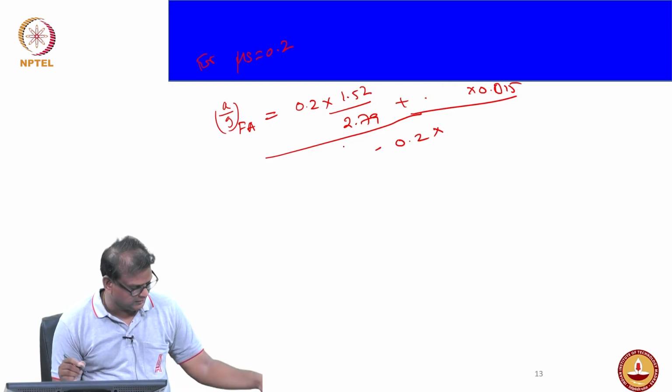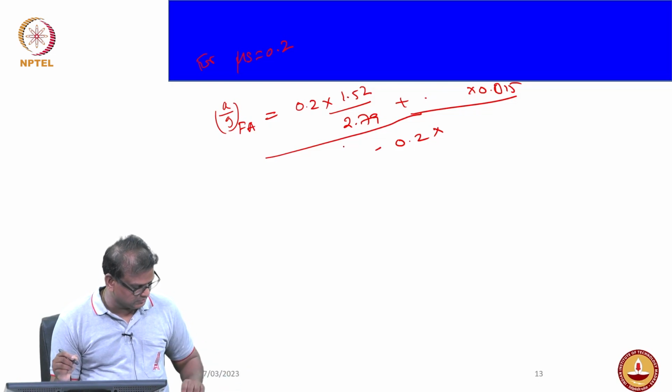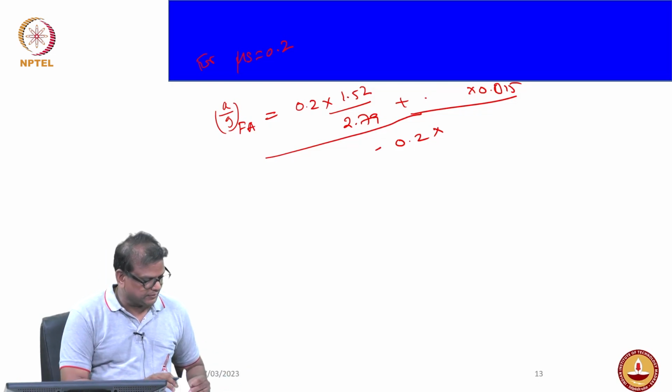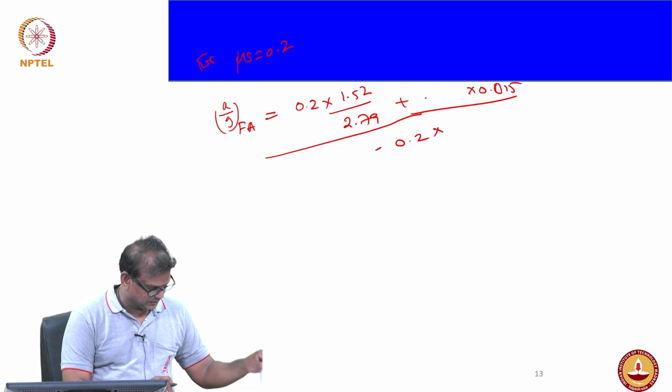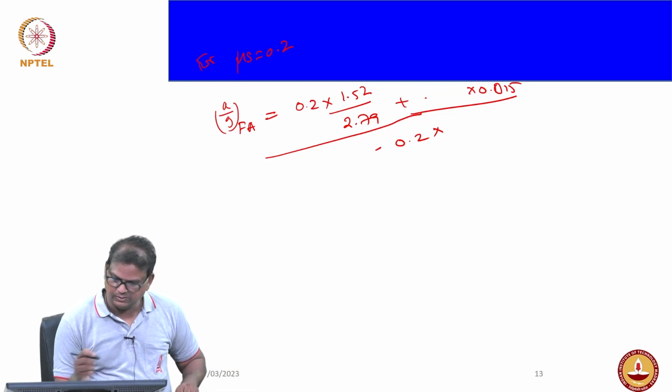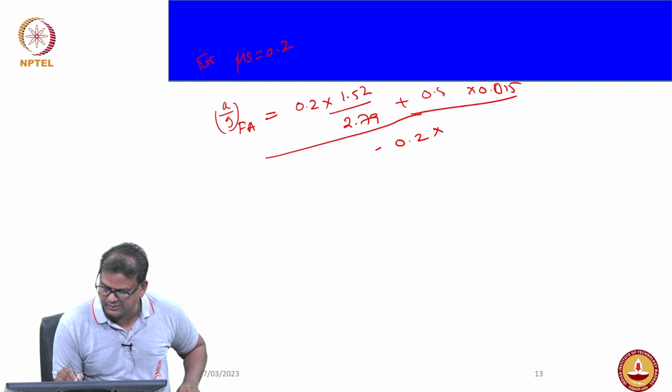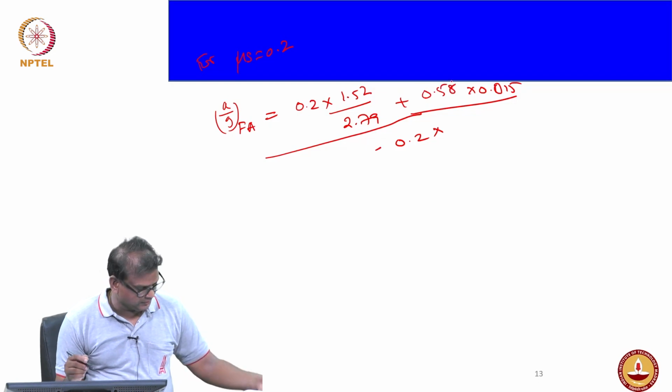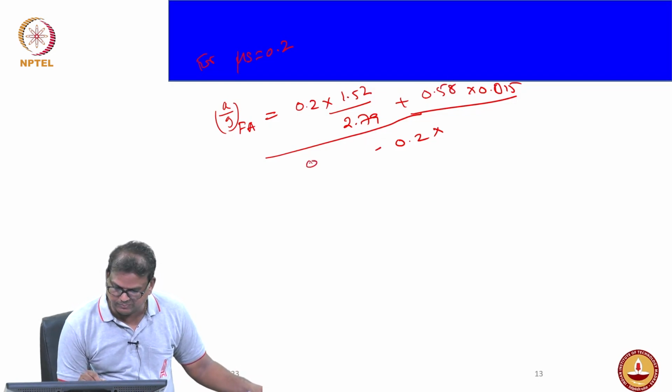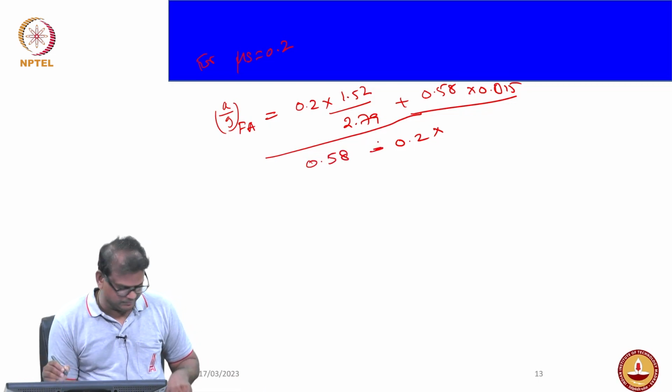This is the distribution, right? The distribution mu s is what we are getting for the surface. I'm sorry, it is 0.58, and this should also be 0.58. Yes, there was a mistake.